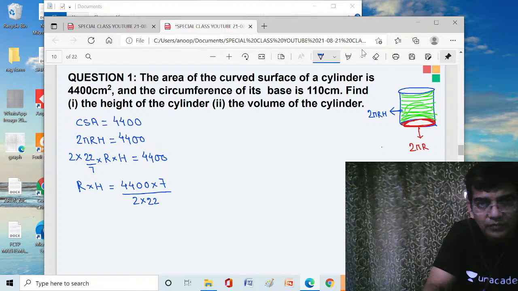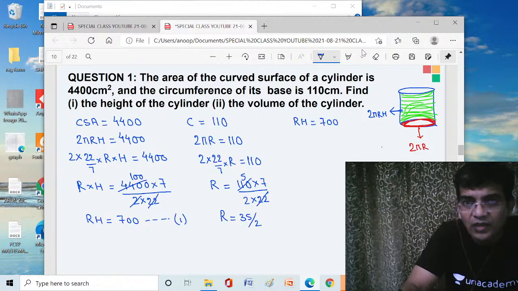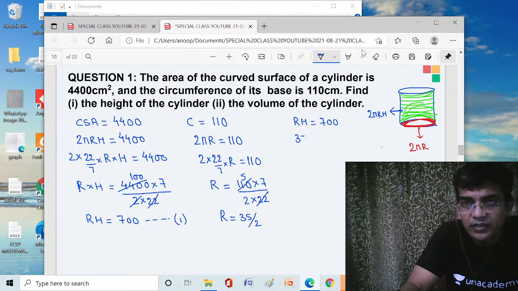So let's substitute the value here. r h is equal to 700. r we have calculated as 35 upon 2. So 35 will reduce it 20 times. So we get the height as 40 centimeter.